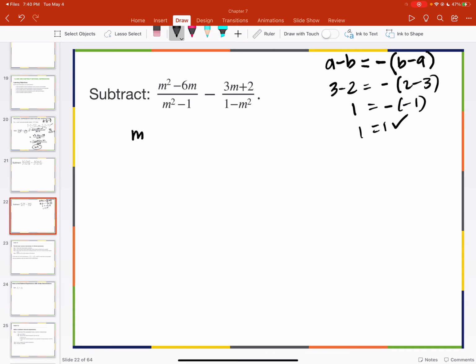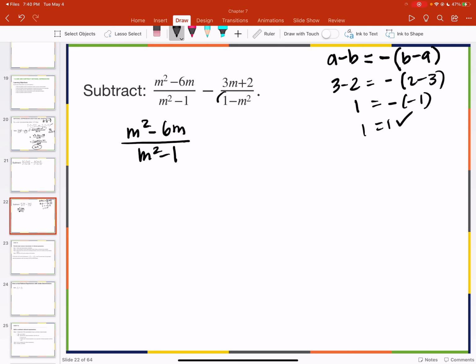Okay, so let's go ahead and do that here. So the first one, (m² - 6m)/(m² - 1). I'm going to take this 1 - m² and replace it with negative (m² - 1). I'm just going to do that first so you can see what I'm talking about. Now this negative can apply to the top or the bottom, so you can imagine what's going to happen with these 2 negatives.